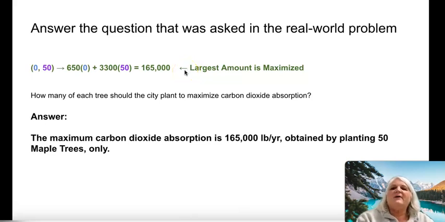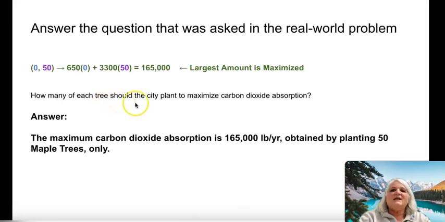The question says, how many of each tree should the city plant to maximize carbon dioxide absorption? If I wrote the point 0, 50 is 650 times 0, etc., which equals 165,000, they'd say, what are you talking about? That doesn't tell me what the answer is. So you have to write the answer to answer the actual question.